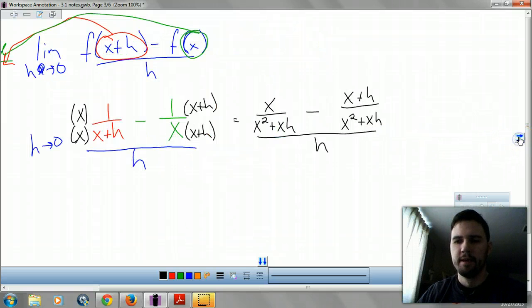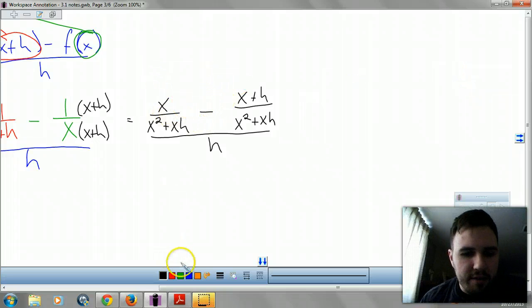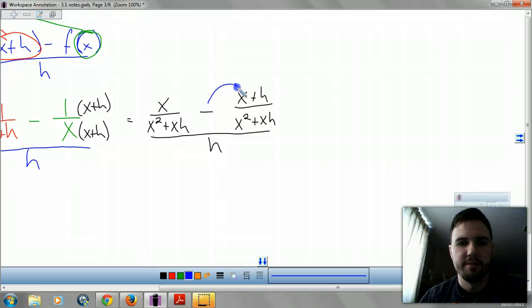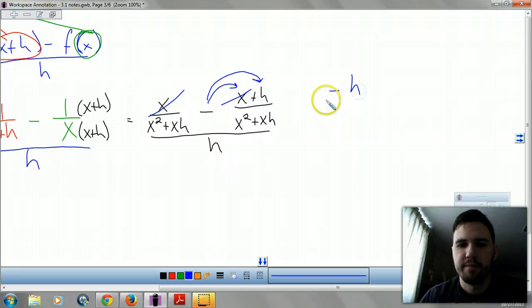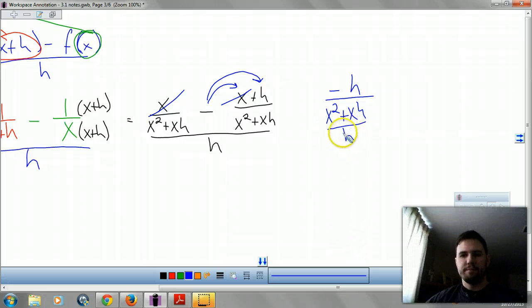Okay, so this negative gets distributed through to both of these. So my x's are going to cancel. Good. And I get a negative h all over x squared plus xh, all over h. I'm not doing this on stability ball day, so I feel like my legs are going crazy.